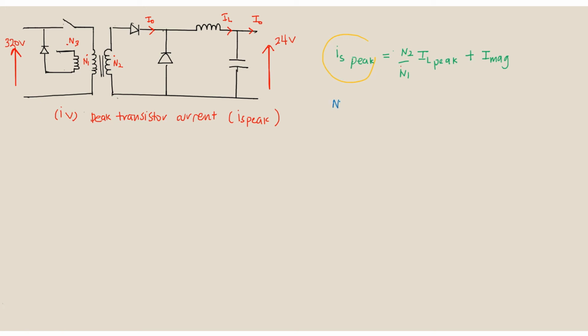You know that N2 divided by N1 is the same as 1 over N, so that will be 1 over 5. We don't know IL peak, so we're going to find IL peak now.